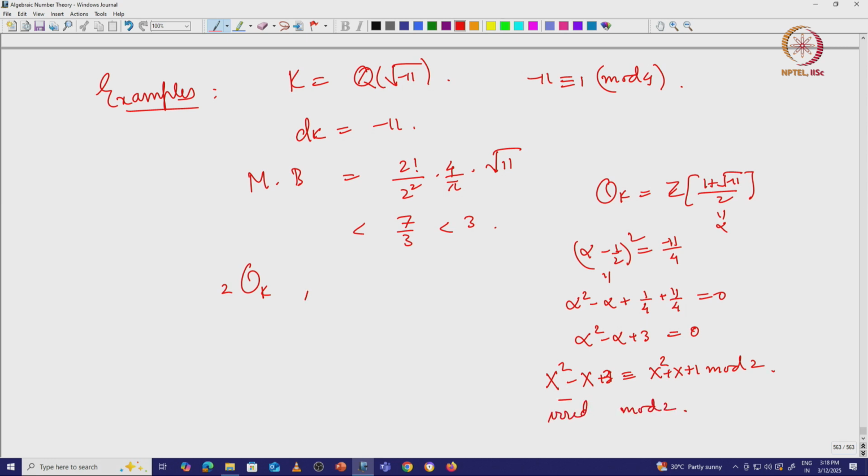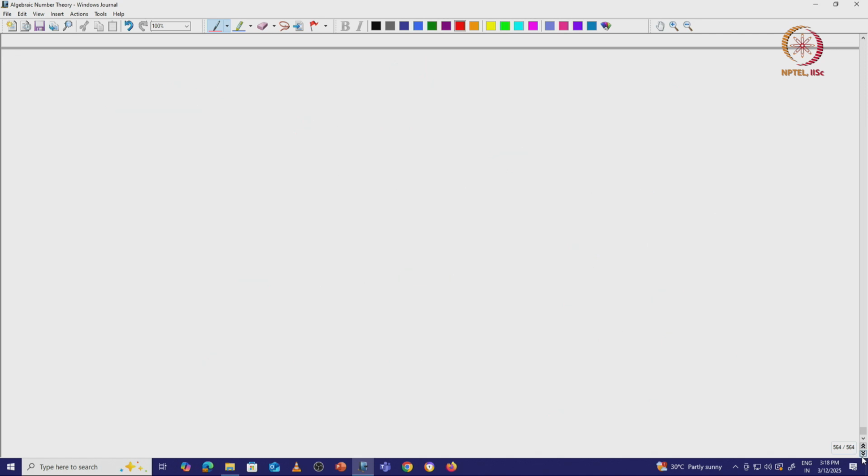So, this is a prime ideal, which means that it is also principal. Hence the class group of K is trivial. So, even when the Minkowski bound is bigger than 1, of course, you can get lots of trivial classes.